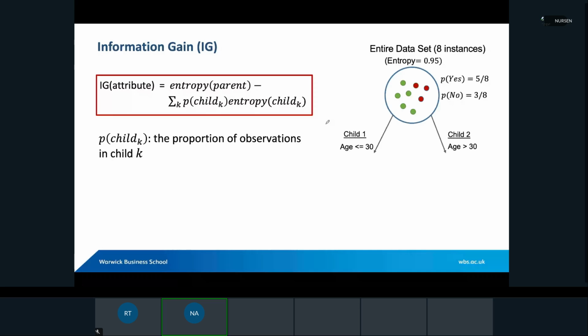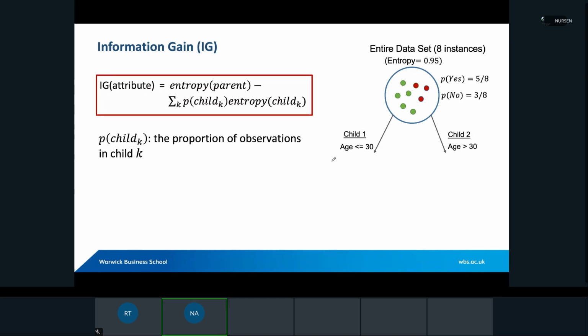So let's start with age. We were discussing in the previous case, we have 2 categories of age and each of them are called child. Okay, so it's better to discuss it over categorical features first, and then I will discuss how we use this for numeric features as well.